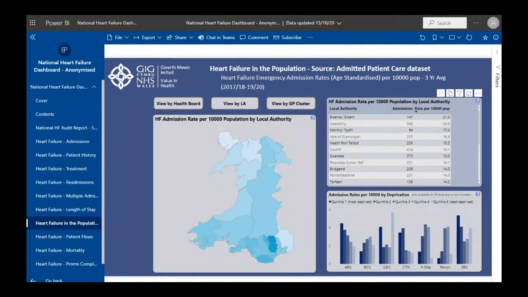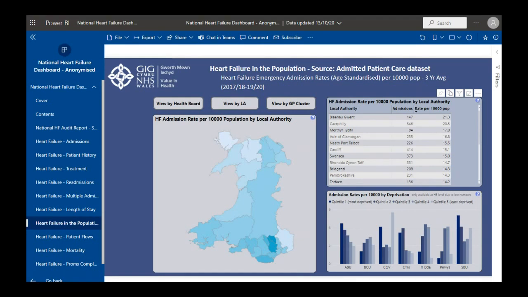This one goes on to look at heart failure in the population, and includes the Welsh Index of Multiple Deprivation to create a population-based view. Here we've got heart failure admission rates per 10,000 population, mapped by local authorities, the level we're looking at right now, but we can look by GP cluster and also by health board.